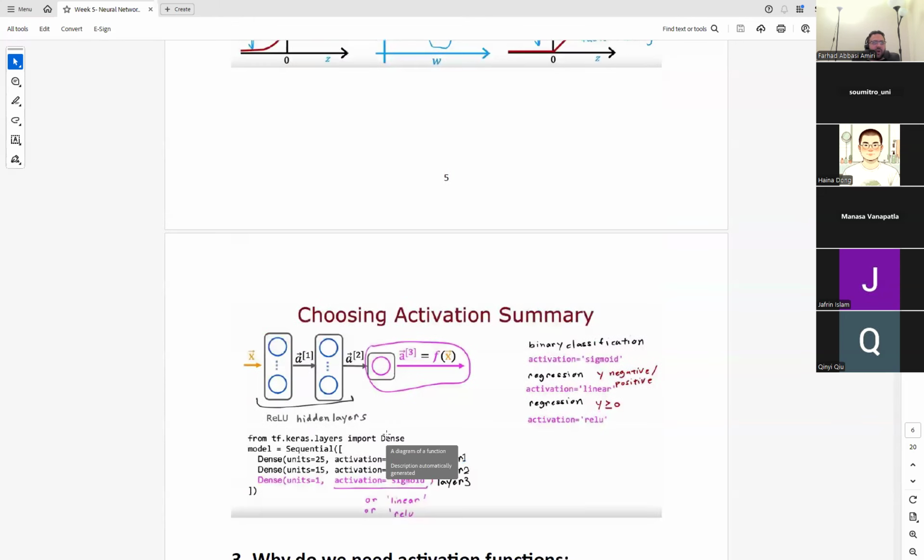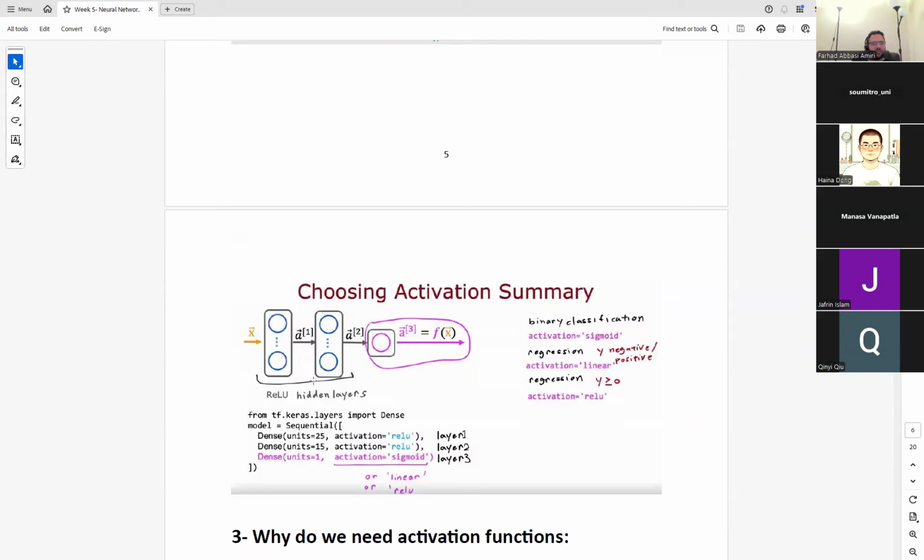So as a summary or advice for choosing the activation function, for hidden layers, you can always use the ReLU activation function. How about the output layer? For the output layer, it depends on your application. If you are working on binary classification, cat or not cat, one or zero, then the activation function on this node would be the sigmoid function.